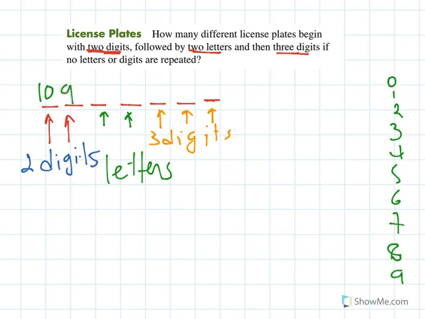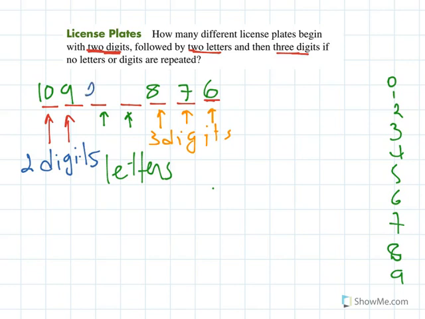So that would be times 9. The 3 digits at the end shall not be repeated also, so it has to be reduced by 1. So I have now 8 possibilities and 7, 6. So these are the possibilities of numbers. In the middle, we have 2 letters. The letters in English are 26 letters.